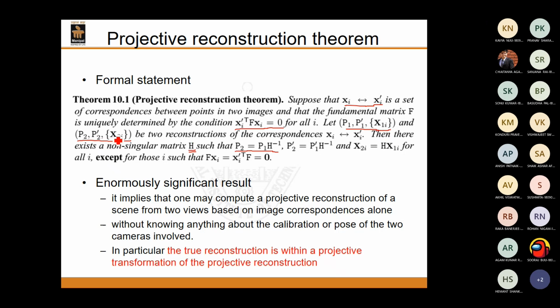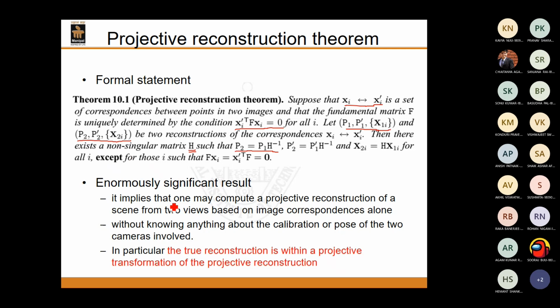So if I apply the projective transformation matrix to all the points in this particular reconstructed scene, I will be able to get back the other scene. Then I can say that these two reconstructed scenes are in the projective space, because they are related by the projective transformation. Both are represented in the projective space.